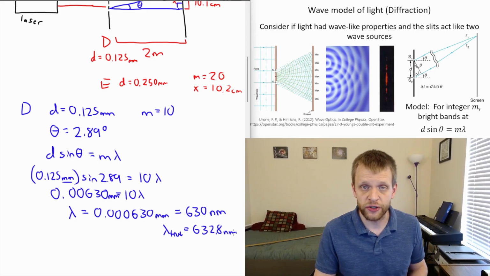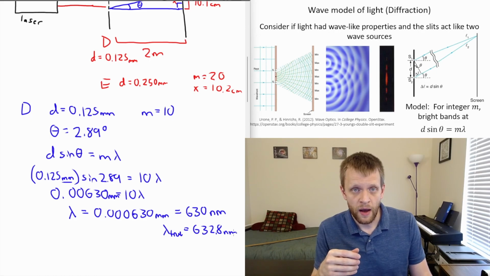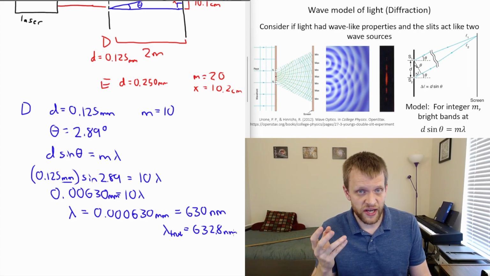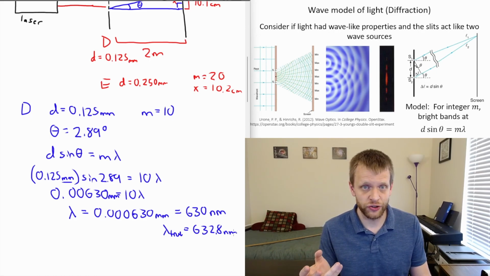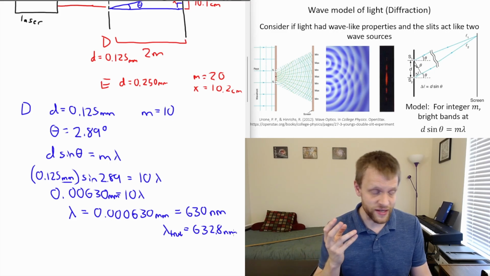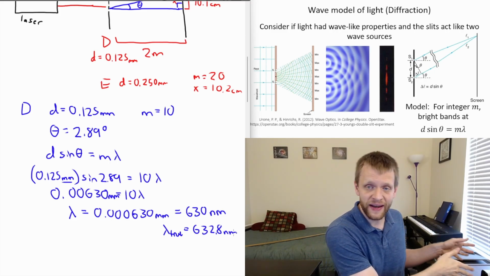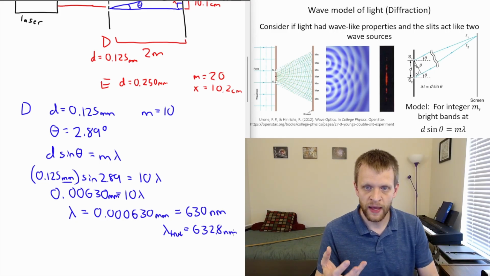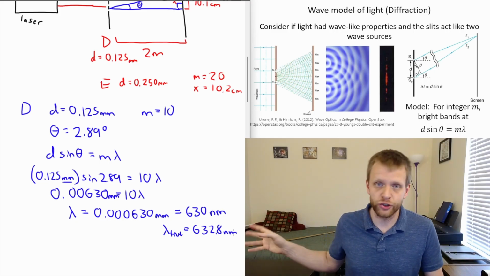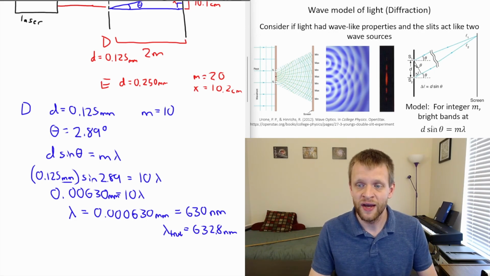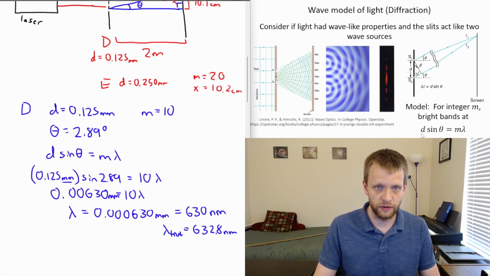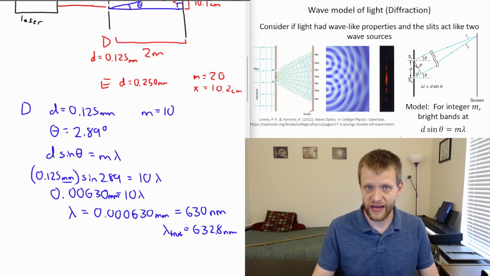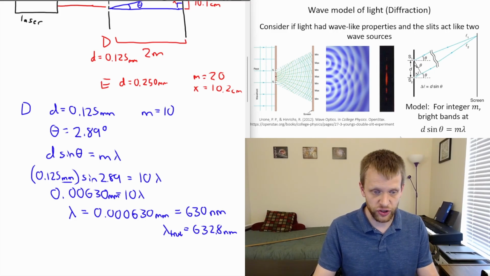We got 630. I'd say that's a pretty close match between the manufacturer's measurement of the wavelength of a helium neon laser and what we got by measuring this particular diffraction effect using this wave model of light.